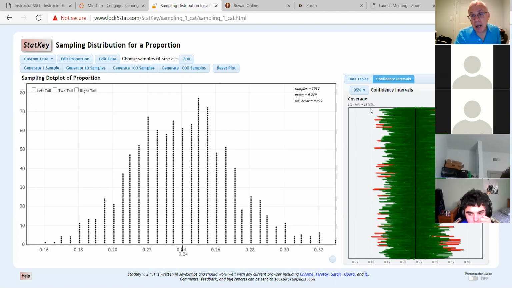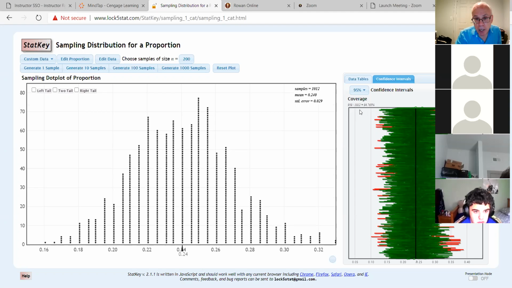So out of the 1,012 intervals that we chose, 959 of them contain the true population parameter, 0.24, and the 53 do not.